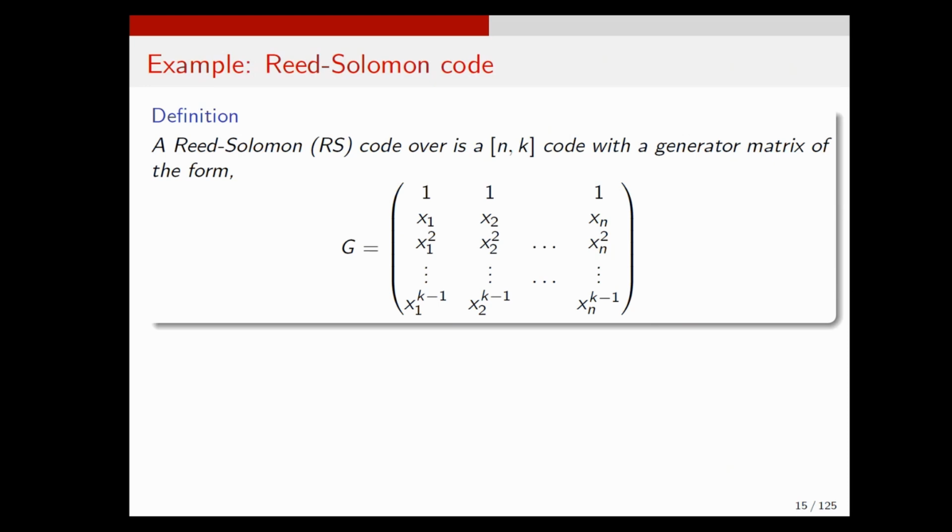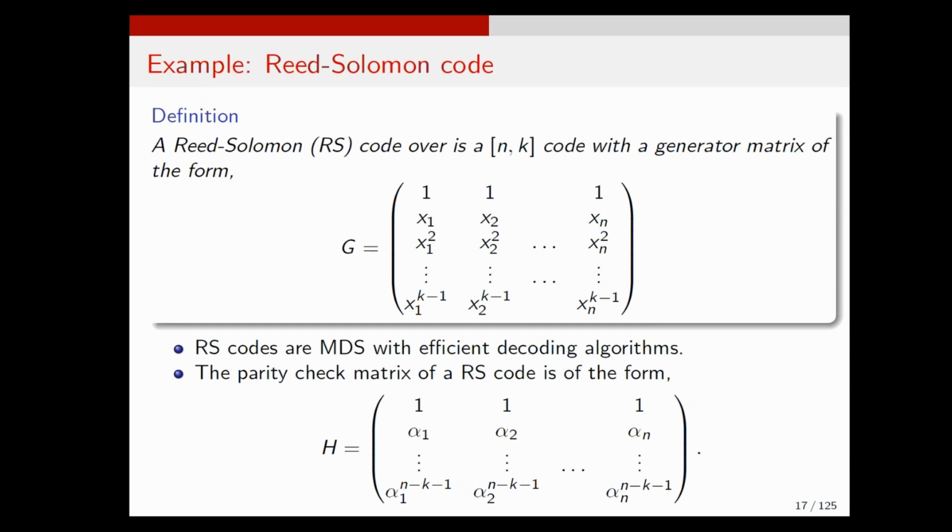And here is a very nice property. Reed-Solomon codes are MDS. As I said, all the k cross k minors here are invertible, and there are efficient unique decoding algorithms for these. In terms of the parity check matrix, purely as a simple fact, they also end up looking like Vandermonde matrices. Slightly surprising fact.